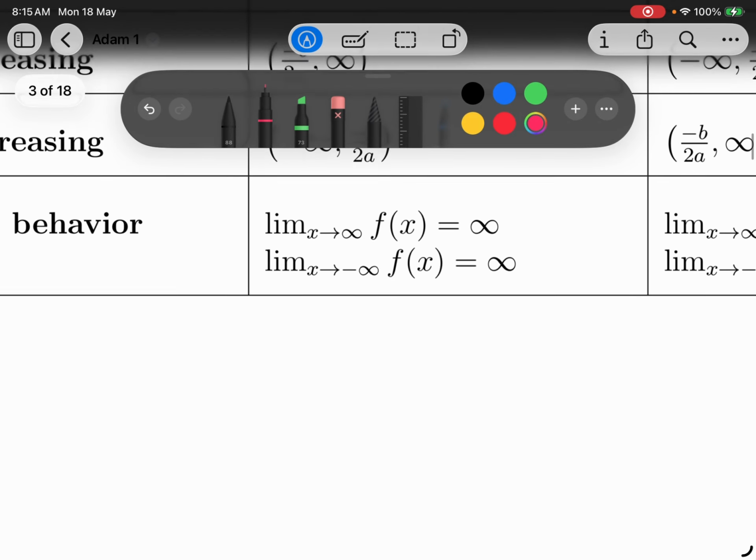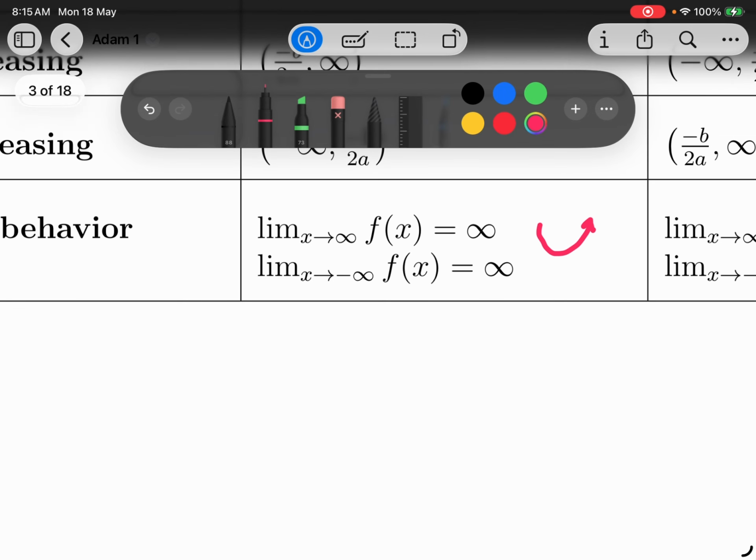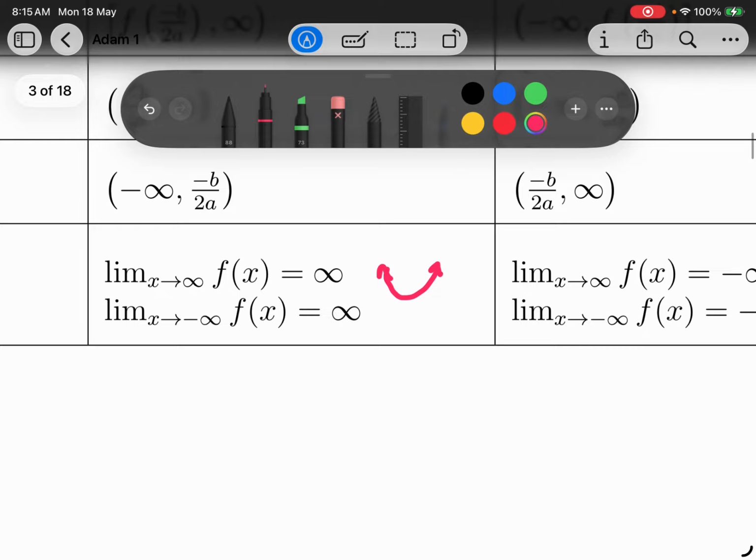And here we have the end behavior. When a is positive, because the graph is simply like this, it goes up to infinity. And when a is negative, the function goes to minus infinity. So when x goes to infinity, it means when x goes very, very large, the function goes to infinity.